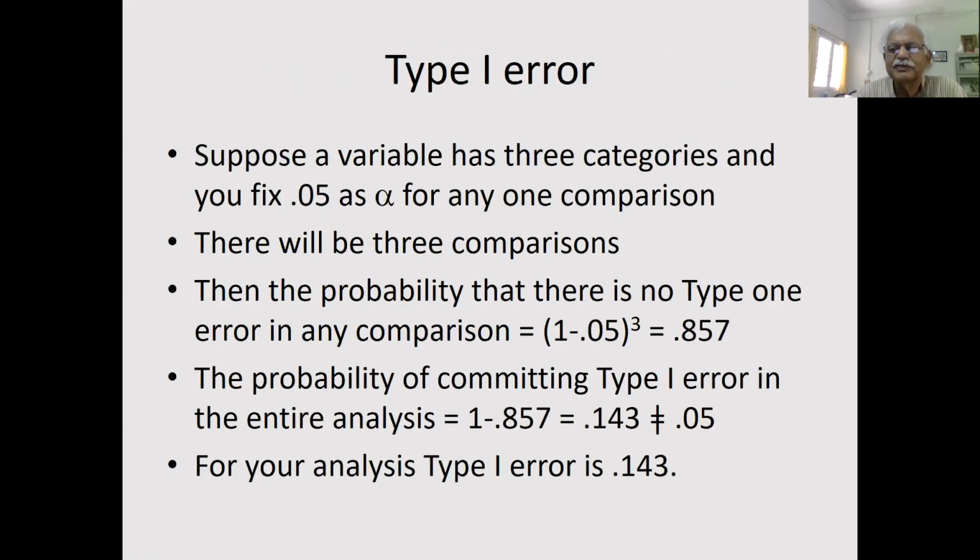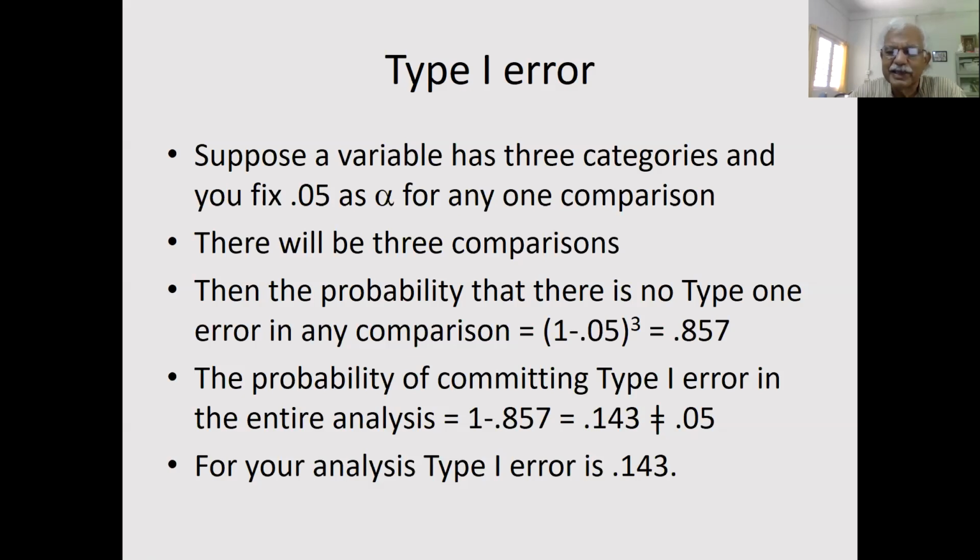Again, in case of type 1 error, if you are going for post hoc analysis, then the type 1 error that you fix for one pairwise comparison is different from what you achieve in the overall analysis in application of ANOVA. So, for example, I'm repeating the example of simple analysis of variance.